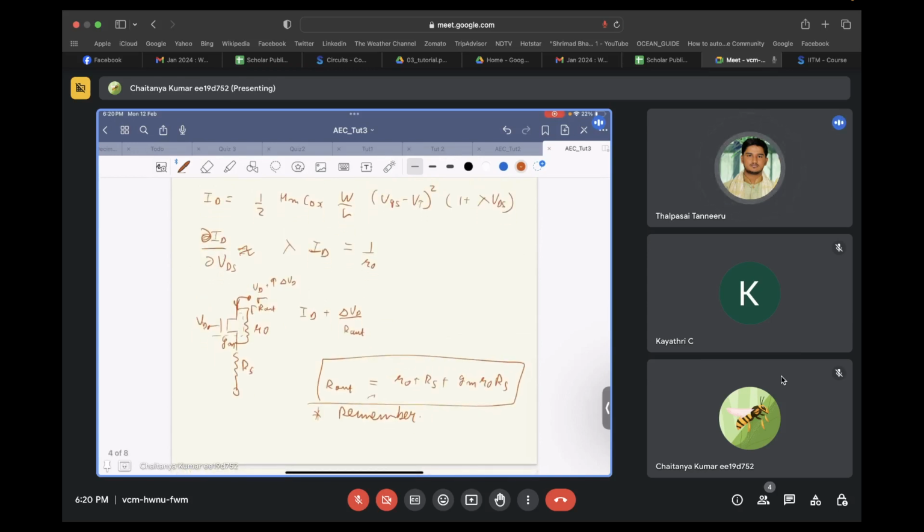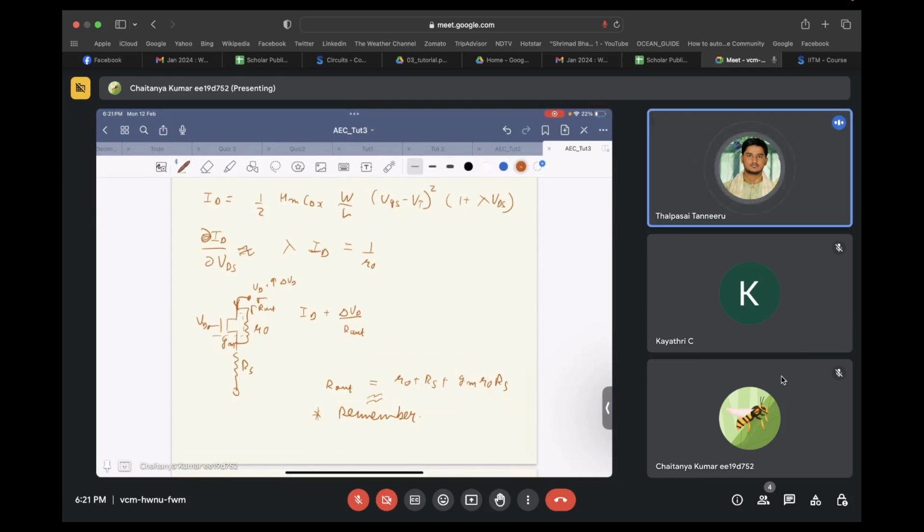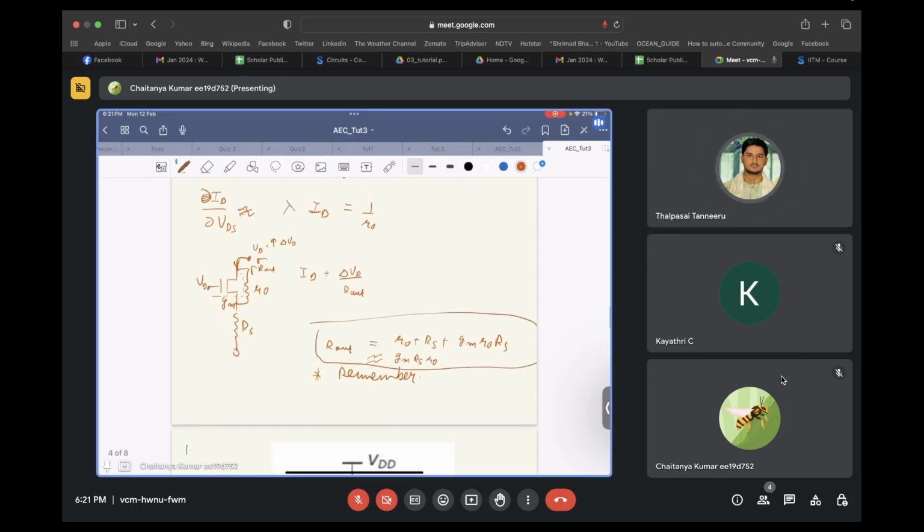Now it is roughly equal to GM RS times R naught. The slope will be roughly equal to ID plus delta VD upon GM RS times R naught. Initially it was just R naught. Now the slope has reduced. You can see, right?